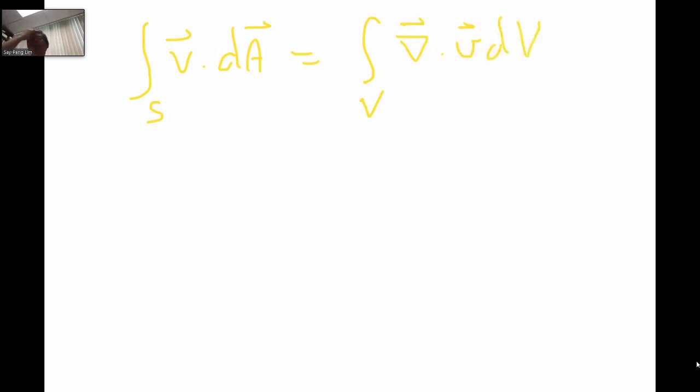And if you use the divergence theorem, you find that the divergence theorem is V, a vector dotted into dA, integrated over some surface, can be converted into a volume integral, the divergence of V dV.